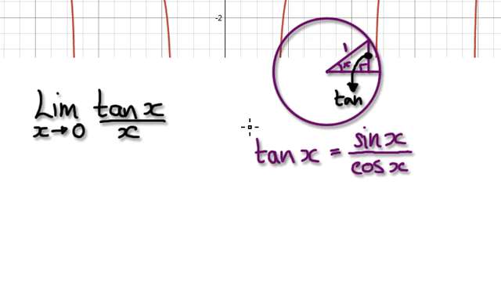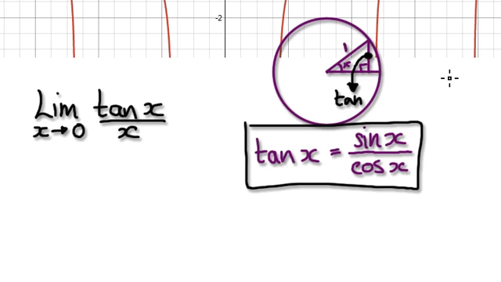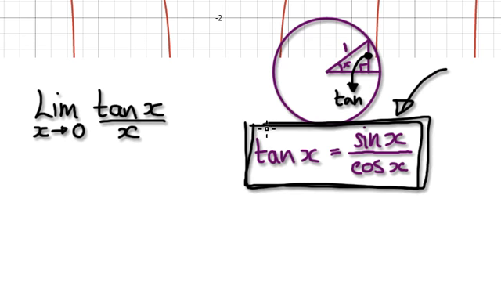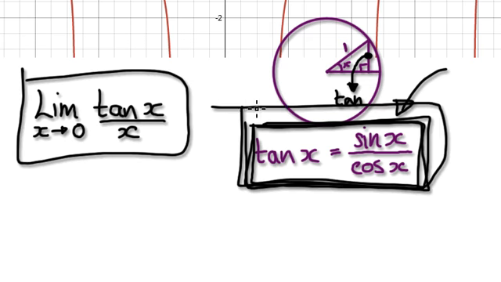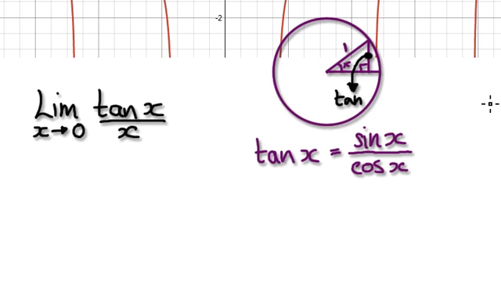Well, tan of x here equals this, and remember this has to be buried inside your mind. You must know this. You must remember this. Well, in order to do this, this is your clue here. So press pause and have a go.